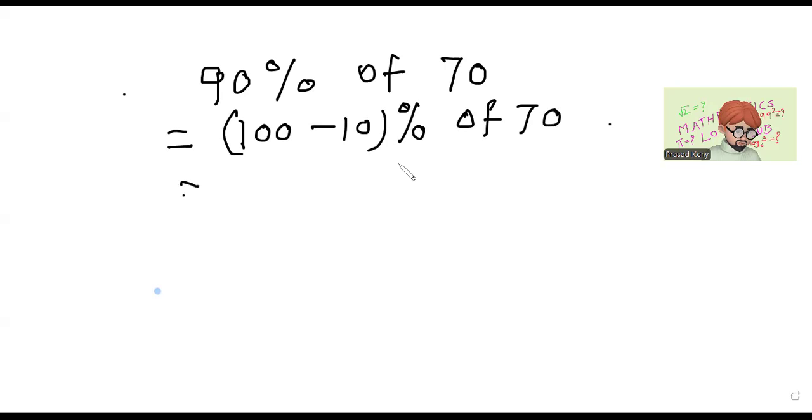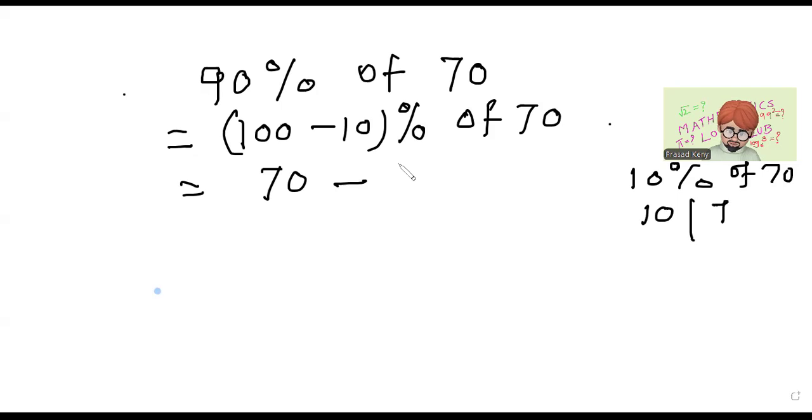Now if I open the bracket, 100% of 70 is 70. 100% is one whole. So 100% of any number is the same number. And then I have here 10% of 70. So if I use the method of last time, 10, 70, I'm going to cancel 0 with 0. So I'm going to get here 7. So 70 minus 7 is 63.